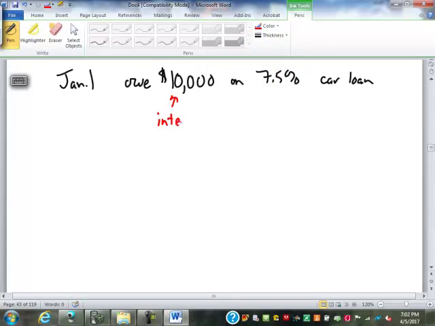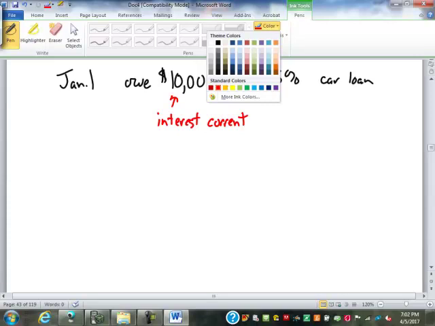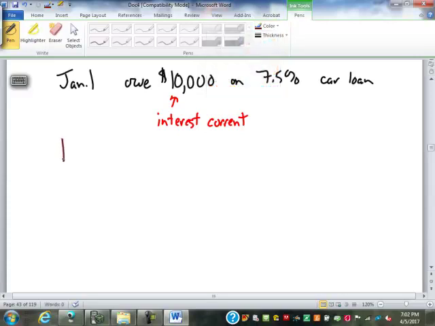That $10,000 is with the interest current. So on January 1st, you figured out the interest and added it into the account. Let's say your monthly payment is $500, just to make life simple.